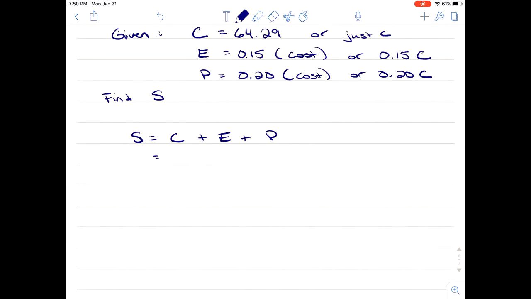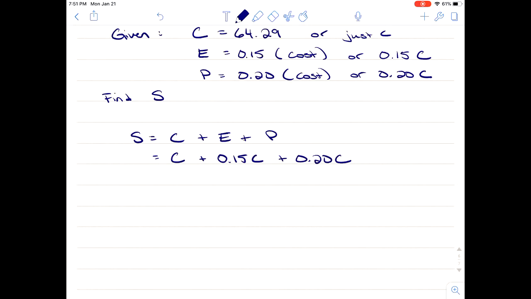So we've got a C, which I'm just going to keep as C. I know what C is, but just so I can collect like terms, I'll leave it to the side. And then I've got E, which is 0.15 times C, plus P, which we said was 0.20 times C.